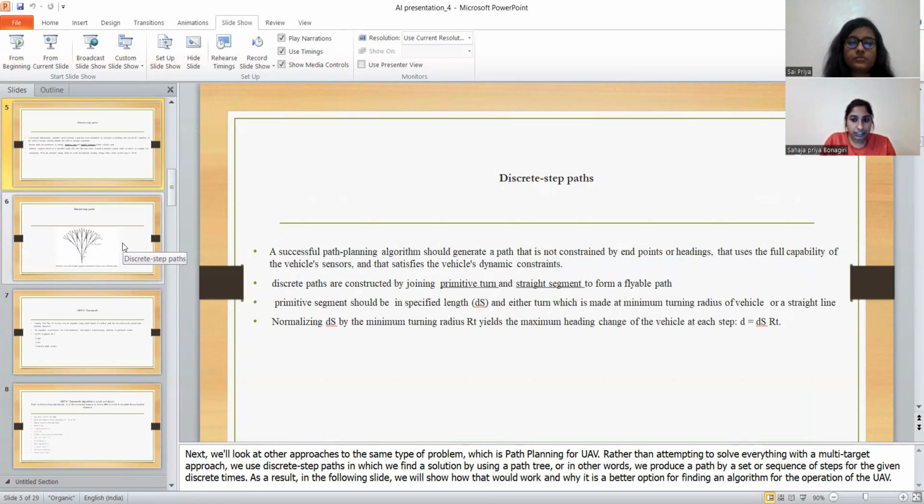The decision of which primitive to utilize at each step is motivated not by traveling from point A to point B, but by achieving a set of specified path objectives such as sensing a group of targets. For this study, each basic segment is a discrete step path that has fixed length and is either a turn at the beginning or at the end of the path.